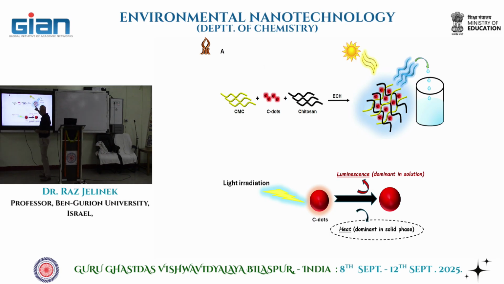Light is going to get absorbed by the carbon dots. Now the carbon dots in this case are in a solid environment. They are sitting in the sponge. Now remember, when the carbon dots are in a solid environment, they release heat. We shine light, this becomes hot. It becomes hot and more hot and more hot. What happens to the water when it gets hot?